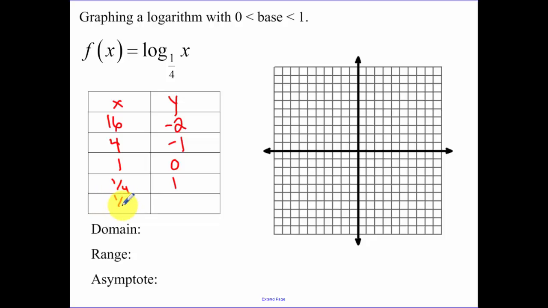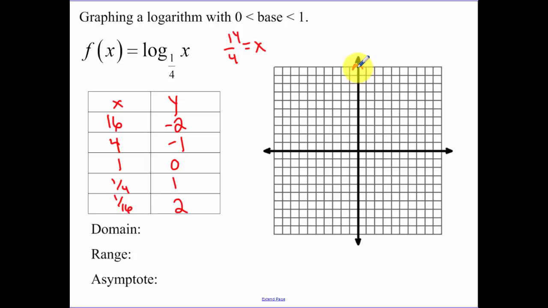And when I plug in 1/16, we get 2. So again, if you're more comfortable, convert this to an exponential, 1/4 to the y equals x, and then pick y values that are going to get you out your x values. This doesn't have any translations left and right.